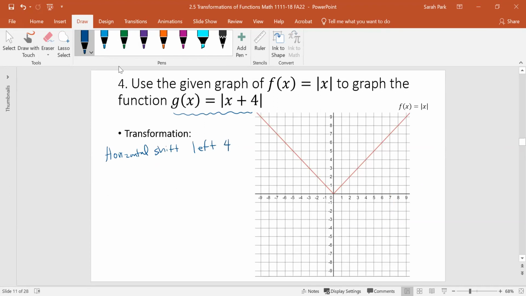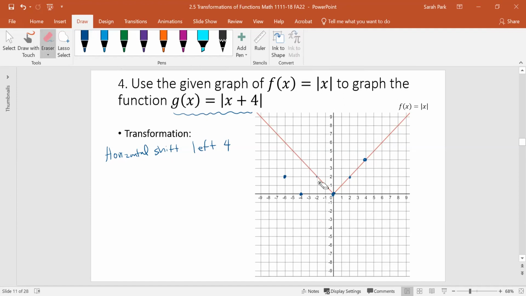You can pick some nice points like 0, 0, negative 2, 2 and 2, 2, and one more, negative 4, 4 and 4, 4. Then shift each of those points left 4. So 0, 0 would be at negative 4, 0. Negative 2, 2, shifted left 4, would land at negative 6, 2.